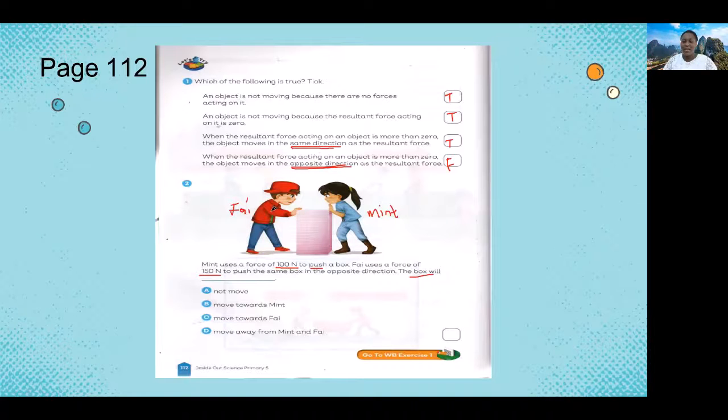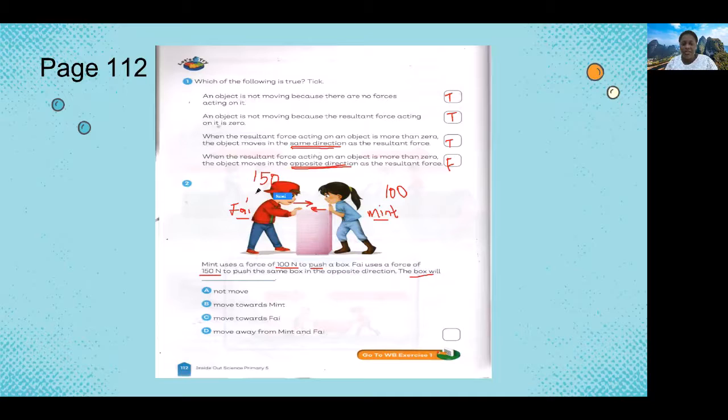So this box will move towards Mint because Pay is exerting more force. Pay is 150 and Mint is 100 only. Mint is pushing towards that direction and Pay is pushing towards this direction.